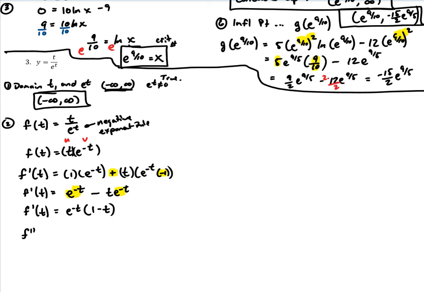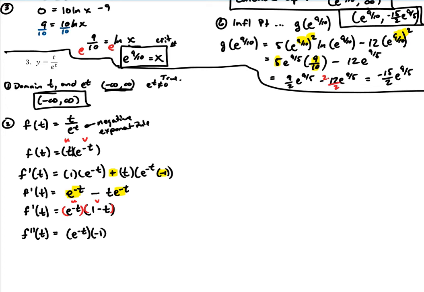Let's keep going. Now I want to find the second derivative. This is still a product. This is my u and this is my v. Again, in words, I'm just going to state it. The derivative of u, the derivative of e to the negative t, is itself, e to the negative t, times the derivative of its power.